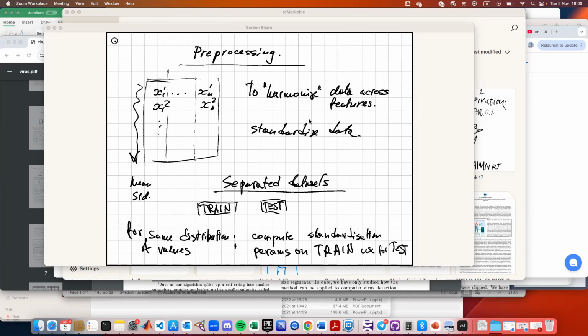So the underlying features might be the same. Yes, absolutely. The mean and the standard deviation of the different variables in the training and test set might be very similar as well. That was the assumption behind it, but it could be different as well. Yes, it could be different.